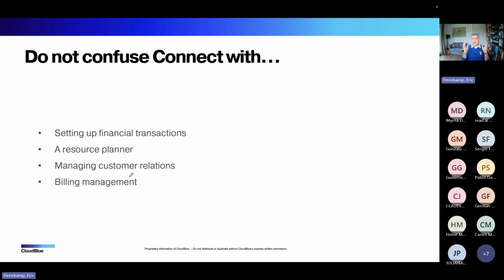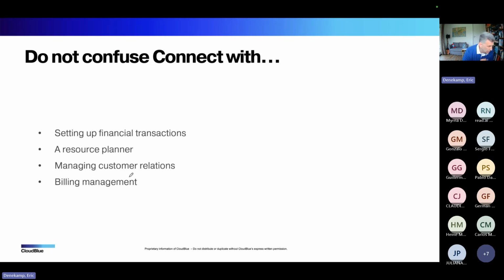What we mean with it's not a resource planner is simple. If we have a server and we have built a connector to that server where we sell disk space, let's say we're building the next OneDrive, Connect does not manage the amount of disk space that is still available on that server.